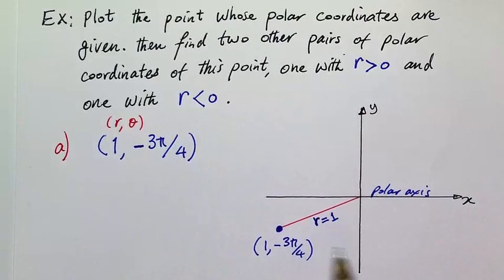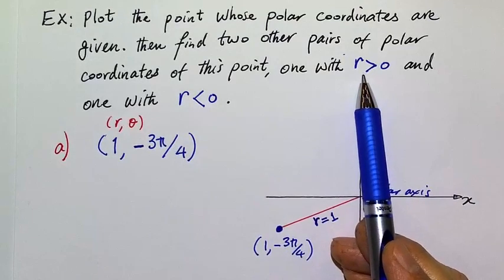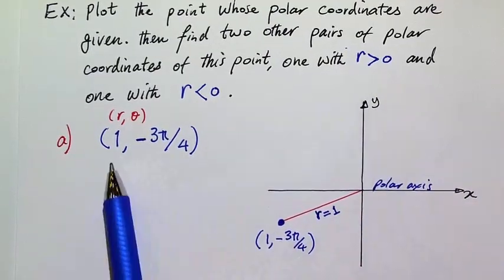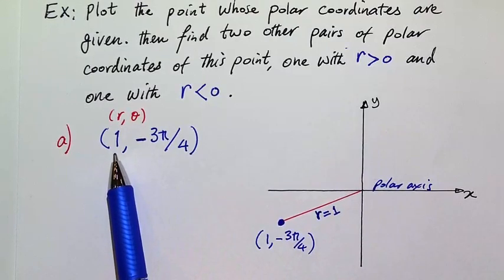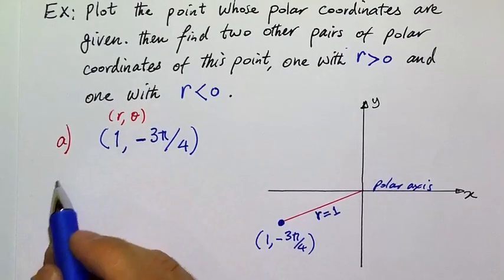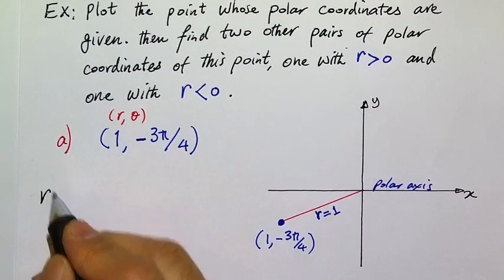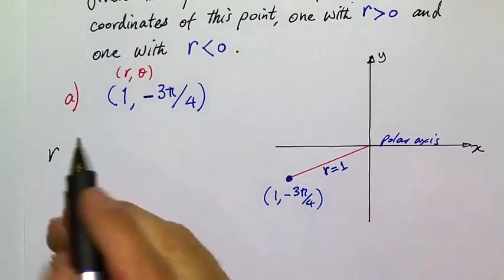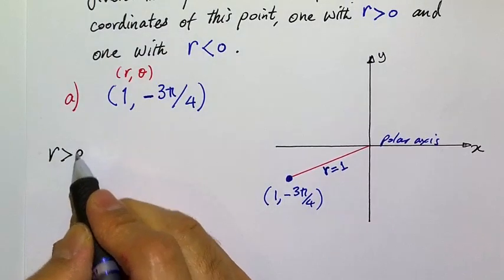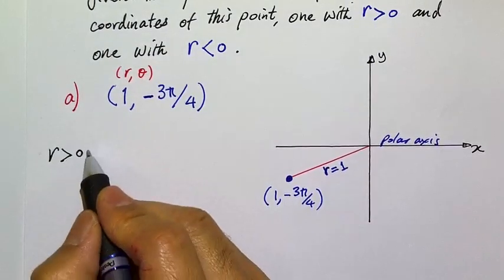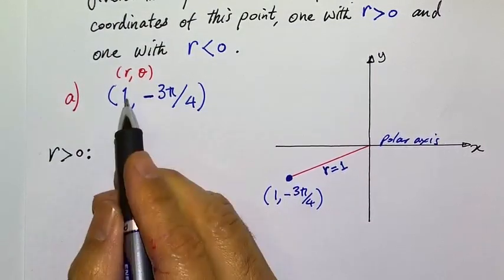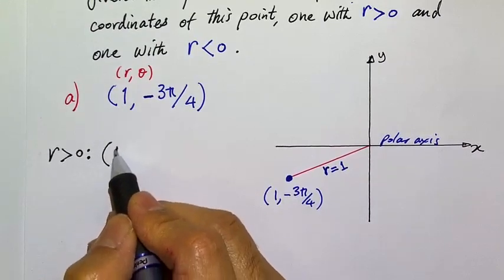So the easiest one to find is this one, because we already have r positive here, right? So we can just keep that. We can do the coordinates with r positive, or r greater than 0. So I'm going to keep that 1.